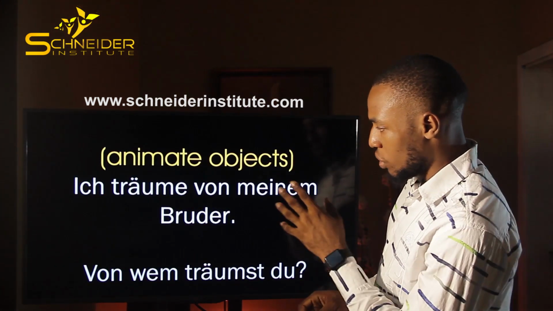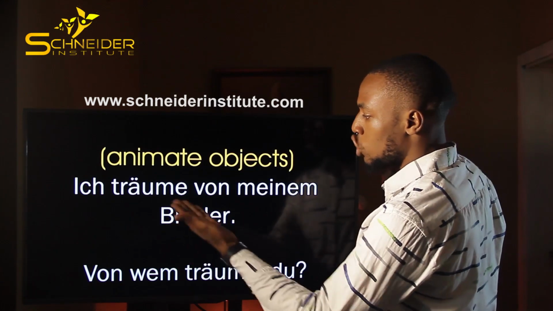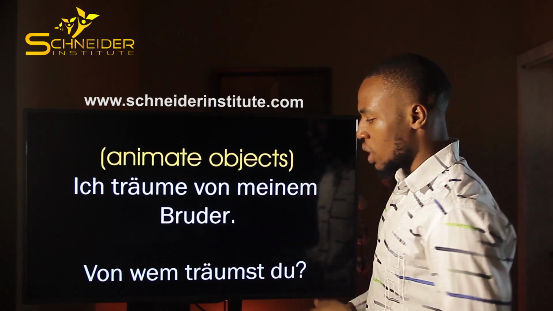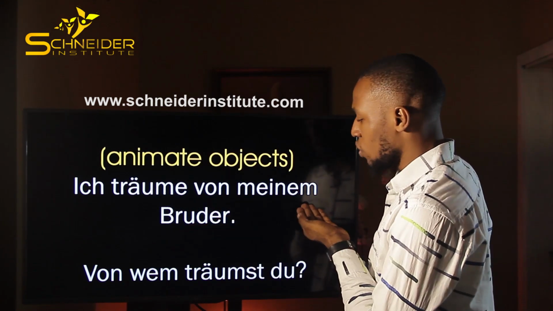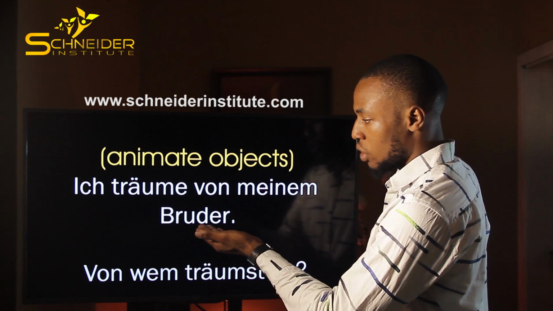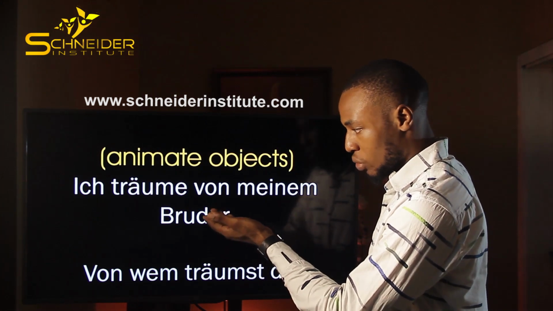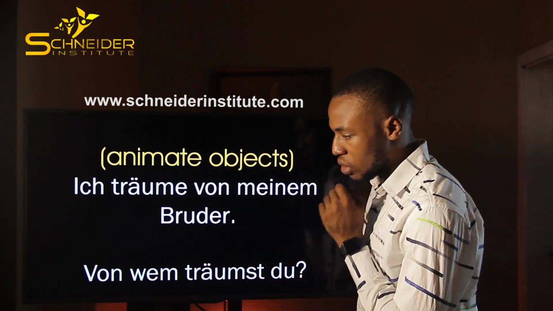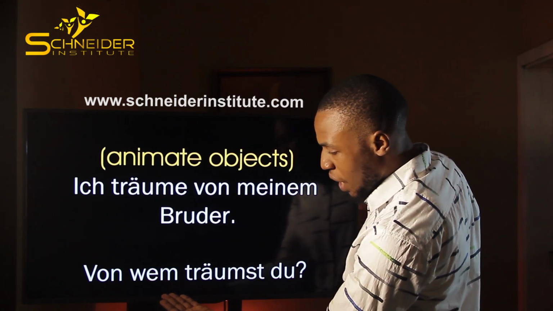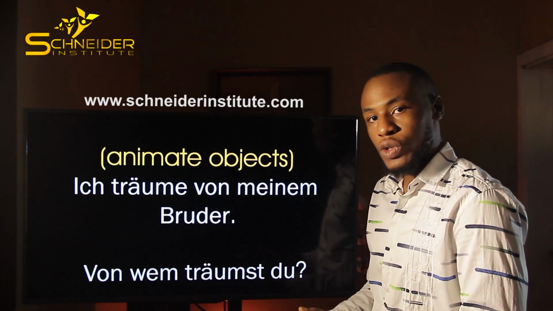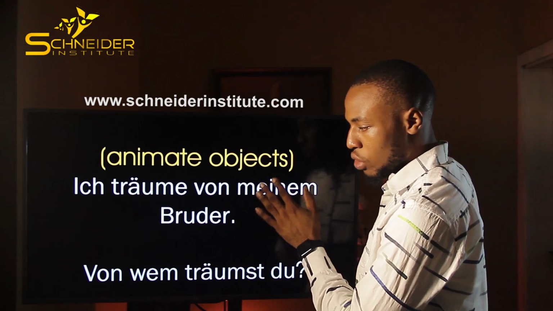Here, I have the animate object again. It says, Ich träume von meinem Bruder. Like I said earlier on, here we have the dative preposition as such. I have to be considering the dative case for the object of the sentence, and then over to the question. Here, as I was saying earlier on, we have von wem. Remember I told you, wem goes for dative, for animate object.